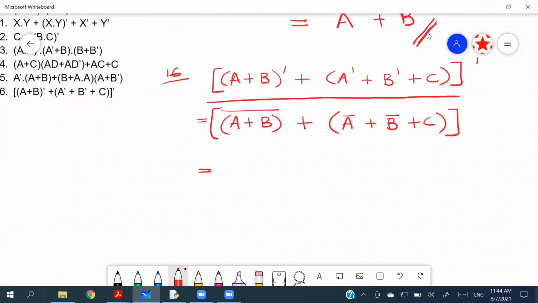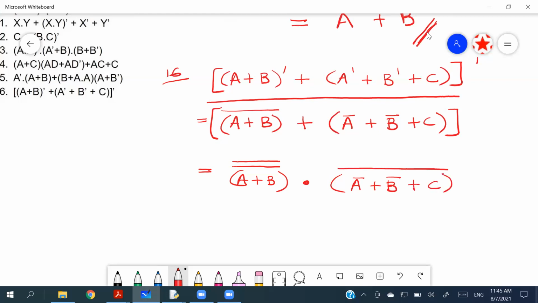So once you decompose the big bar, a plus b bar is there already, so part of that big bar comes above it. And this plus will become a dot due to the De Morgans. And a bar plus b bar plus c has an additional bar, which is given by the big bar. Is that clear, people?